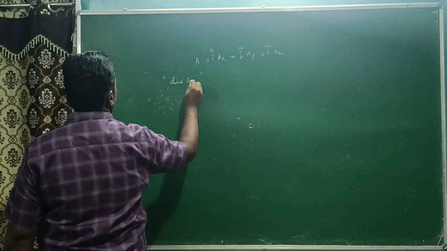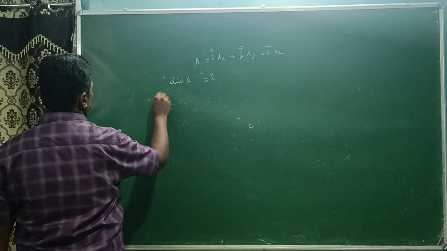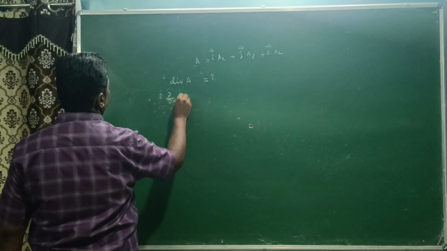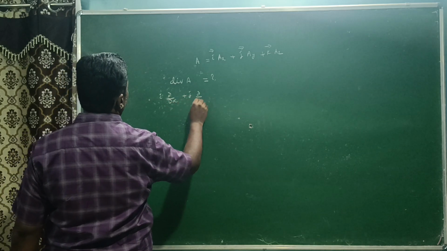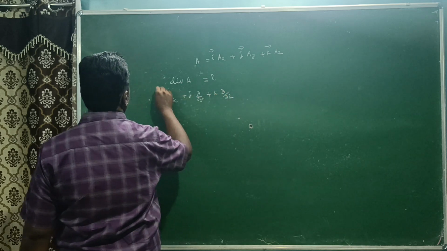You know the del operator is i ∂/∂x + j ∂/∂y + k ∂/∂z.